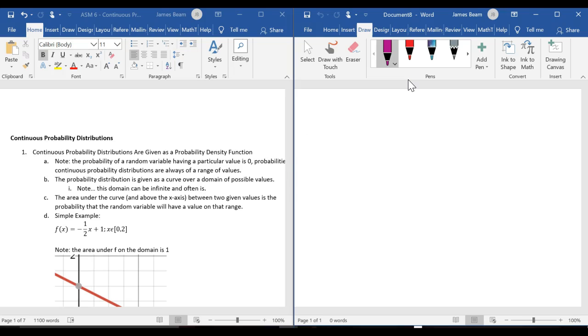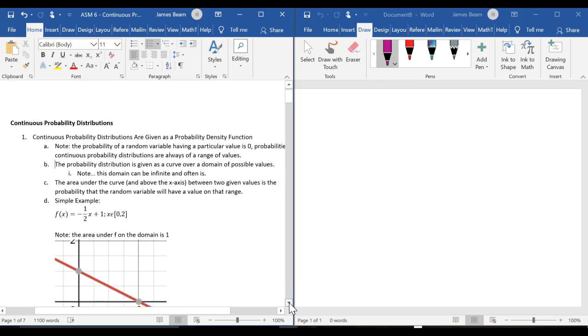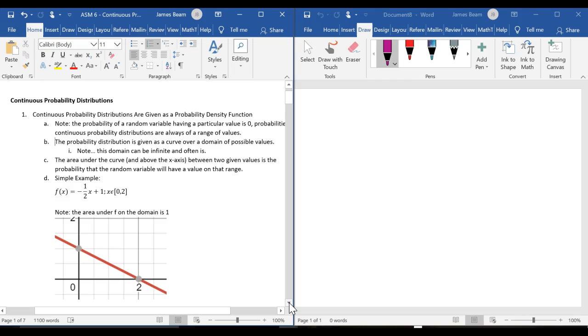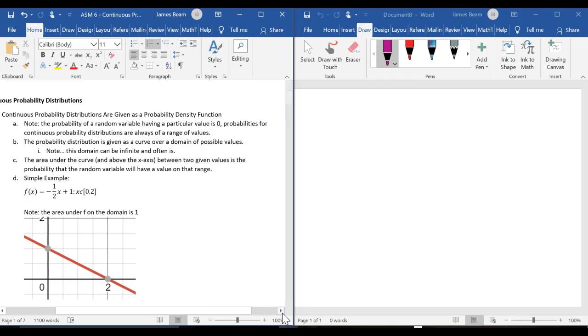This time we're taking on things that are continuous in nature, and these are given usually by what's called a probability density function. So what you're dealing with here is you get some function, we'll call it f, and it's given over some usually closed interval like a to b.